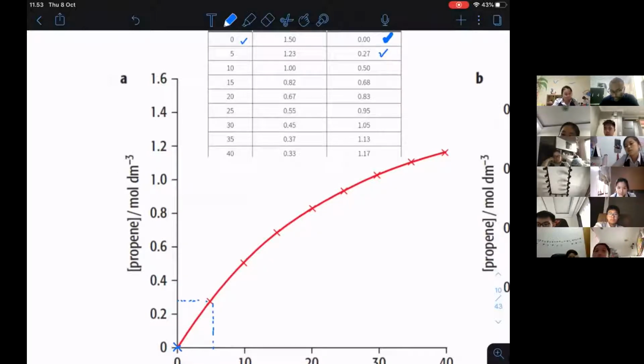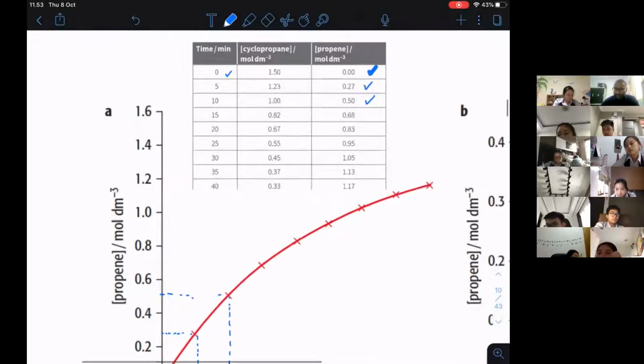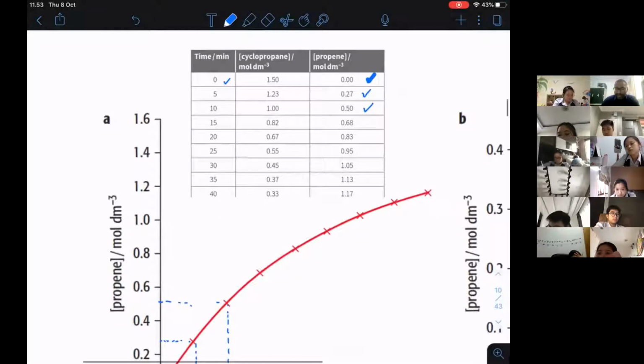They have plotted the graph. When they plot the graph, what did they see? Of course, they saw the increase in concentration of propene. Why? Because propene is the product, so product is being formed.